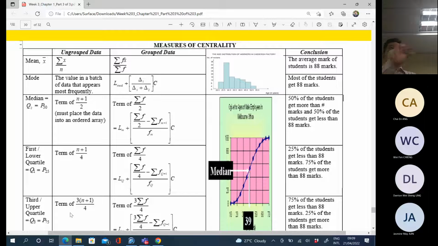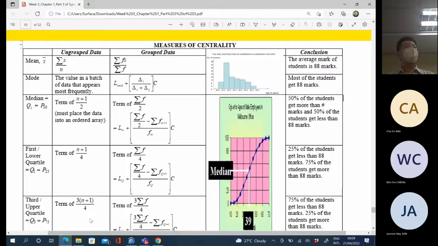Same thing: you need to sort the data first. The second step is to identify the location using the formula 3 multiplied by n plus 1, divided by 4. 3 over 4 is because 75%. Then calculate the Q3 value. Later on, I'm going to show you some examples using the exercises. So far these are the formulas that you need to know for locality measurements.